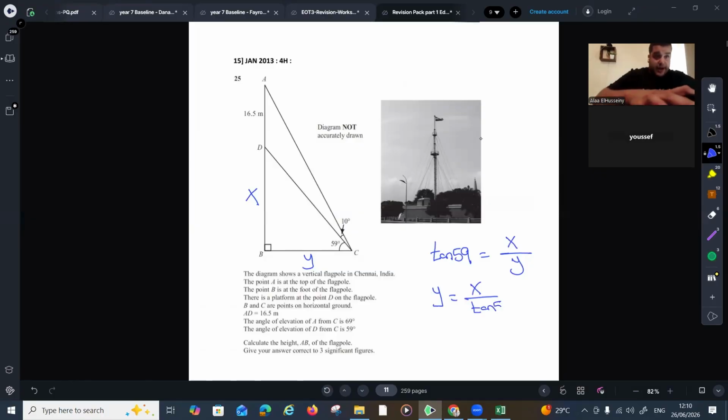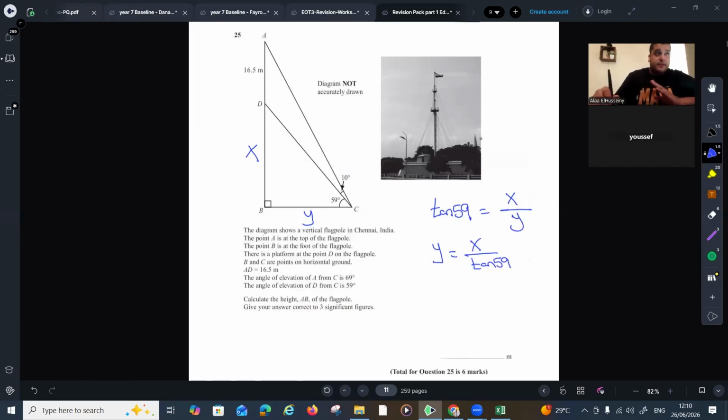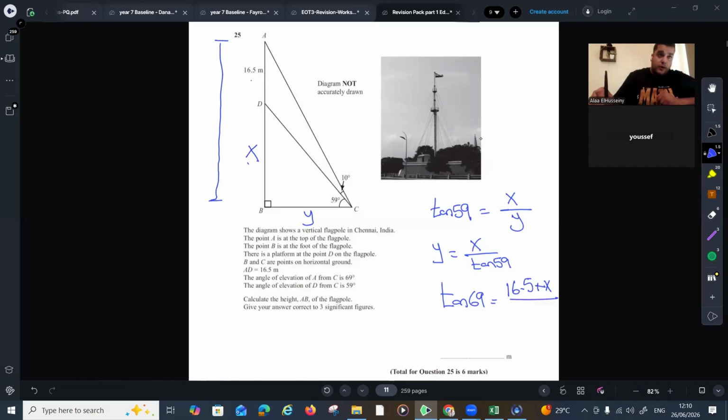Let's have the bigger triangle, which is ABC. We're gonna take the same ratios. So in triangle ABC, the angle is 69. So tan 69 equals the opposite. Now the opposite is not only the x, AB is the opposite. So that's 16.5 plus x, I'm sorry, 16.5 plus x, that's the AB, over y.